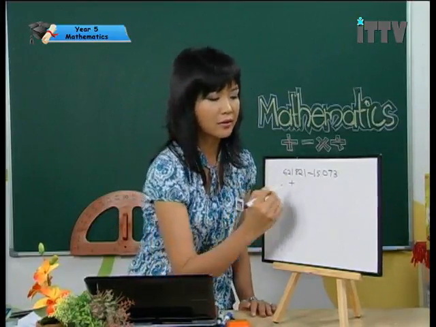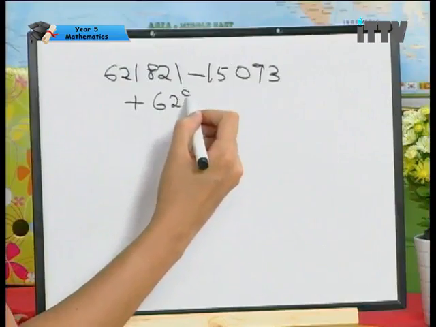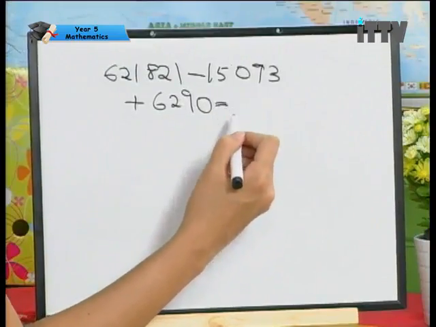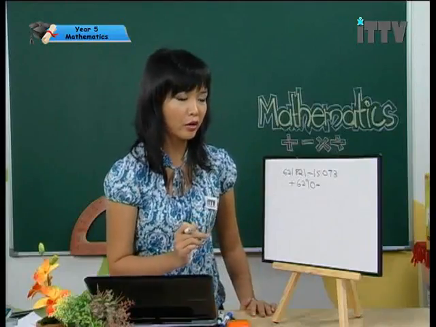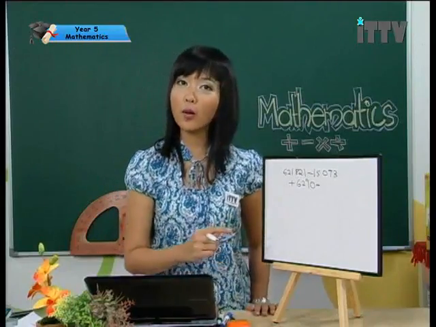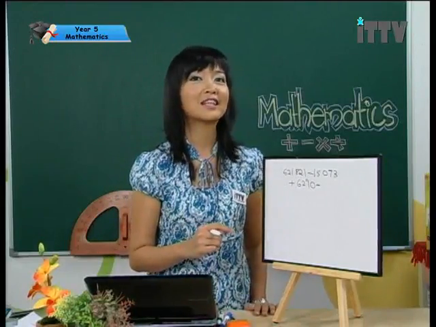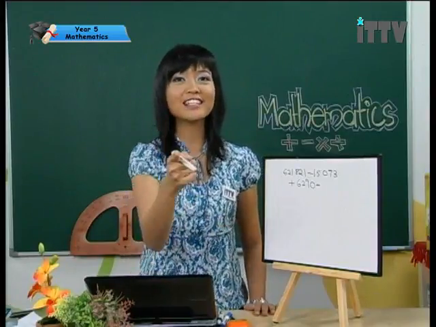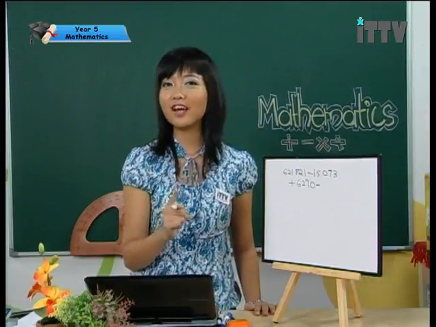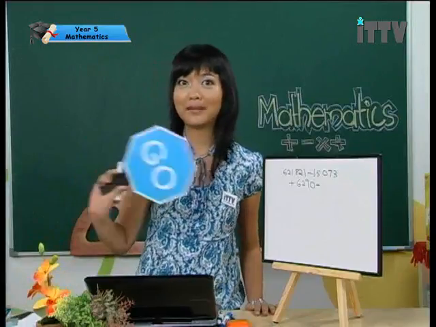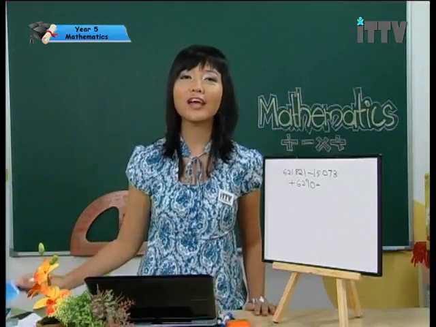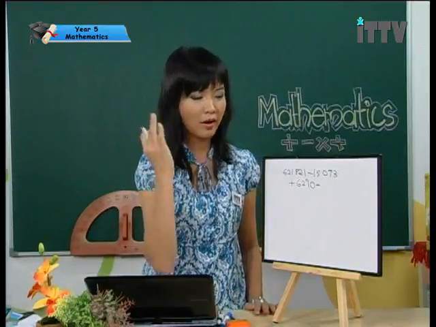Yeah? Add 6,290 copies. So what is the final number? Now, let's take a look at the operations here. What do we have? Minus and plus. Are they related? Yes. So if they are related, we should ding ding go. Okay, just solve them from left to right.